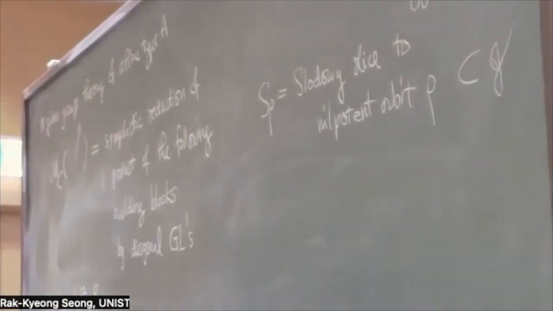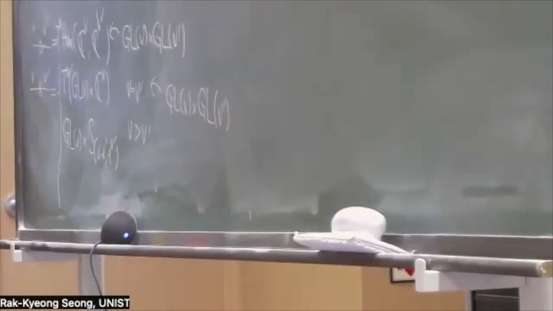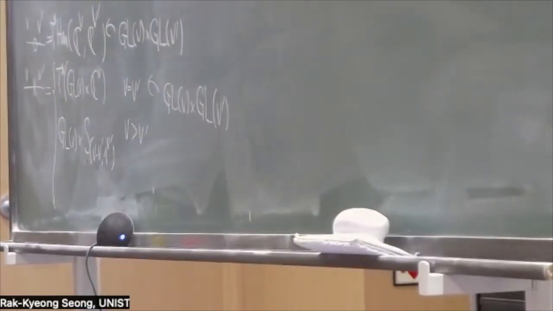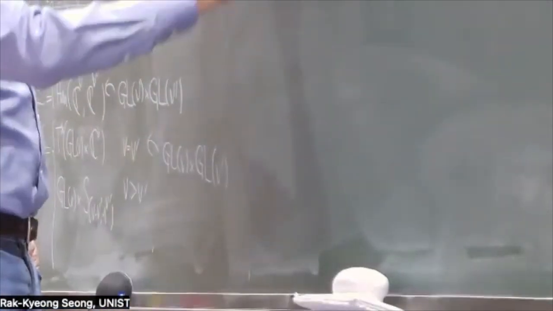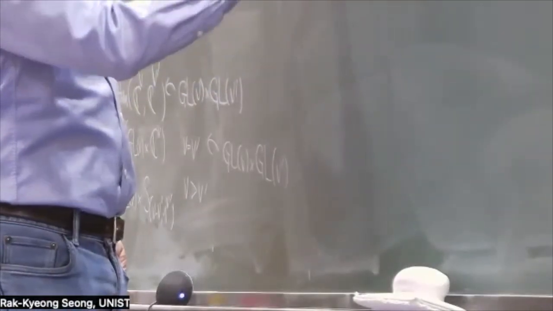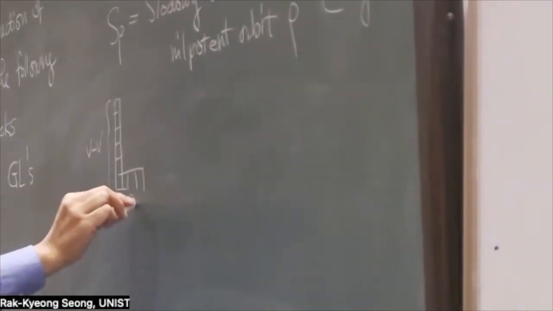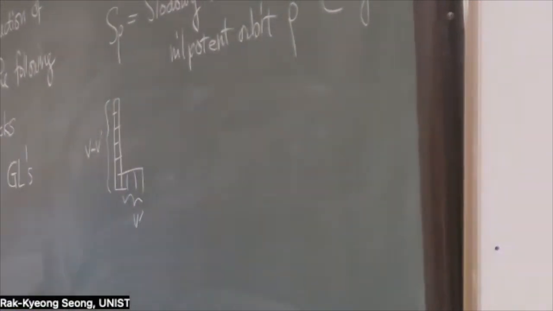I'm considering the nilpotent orbit in GL V, so it corresponds to a partition, and the partition is of this hook type. So you have V minus V prime, and you have V prime.